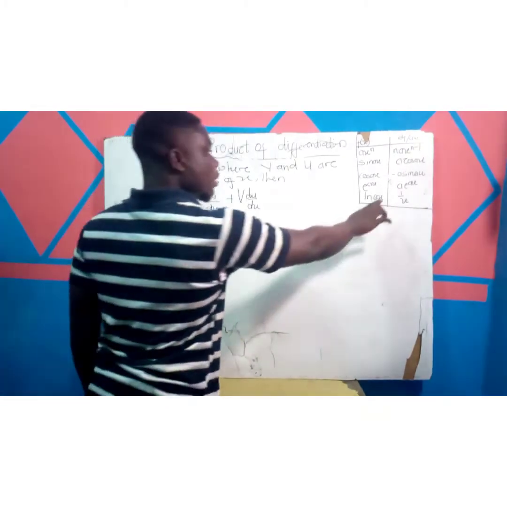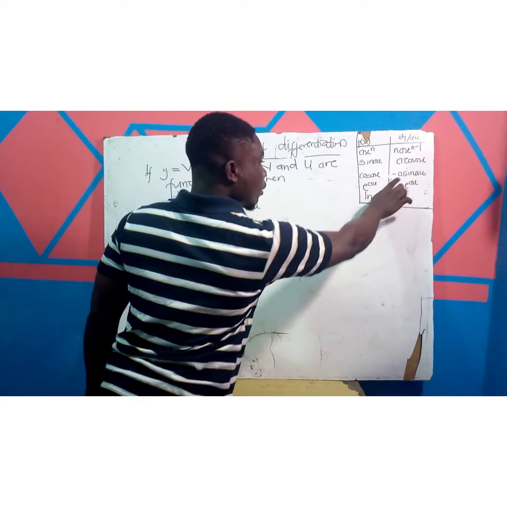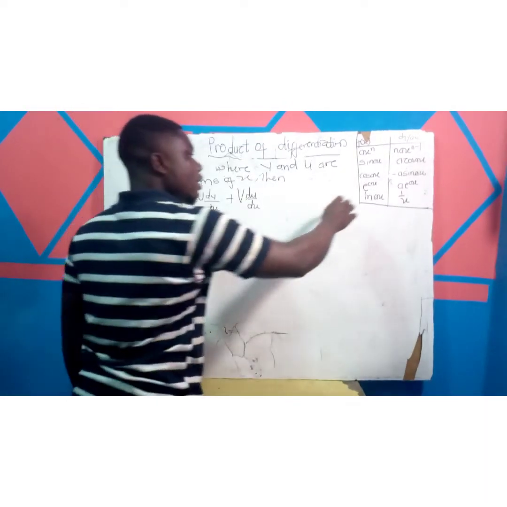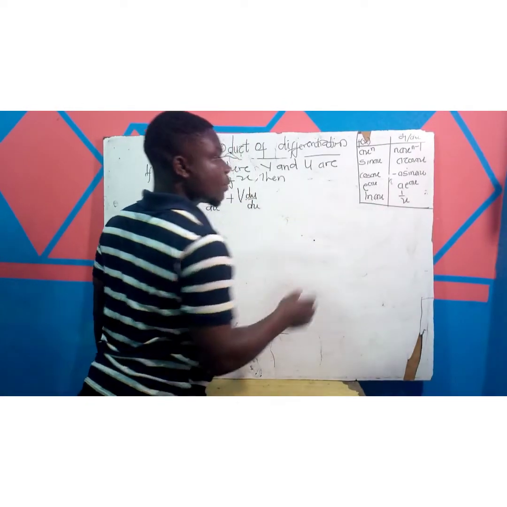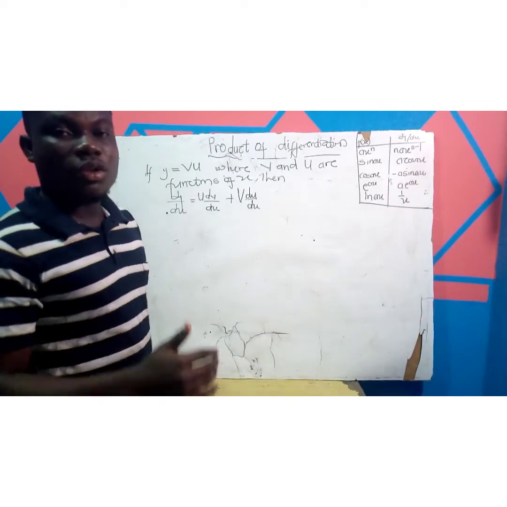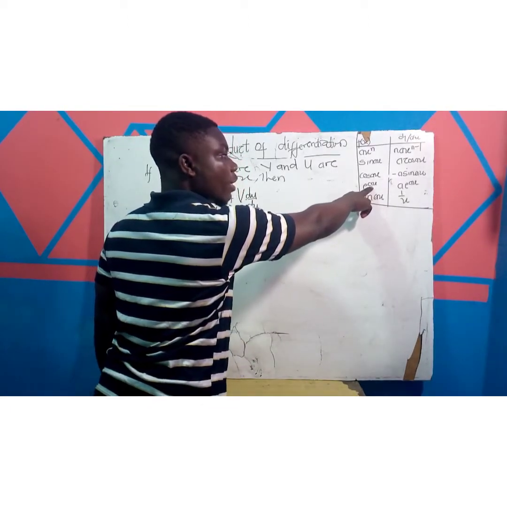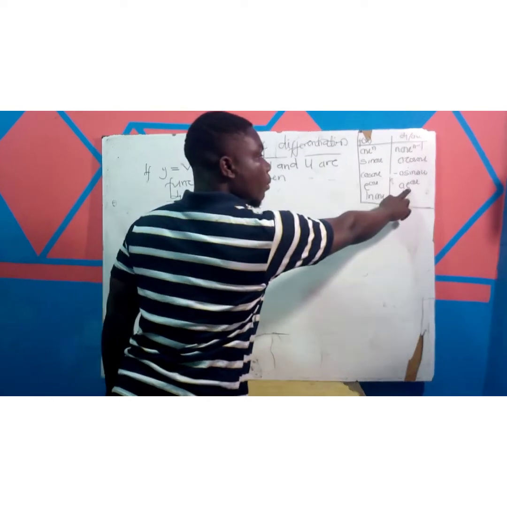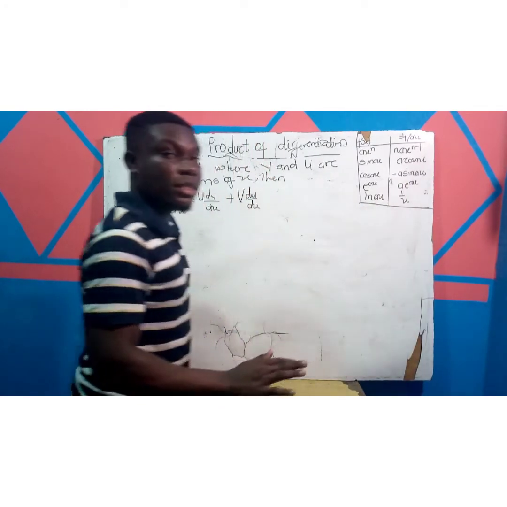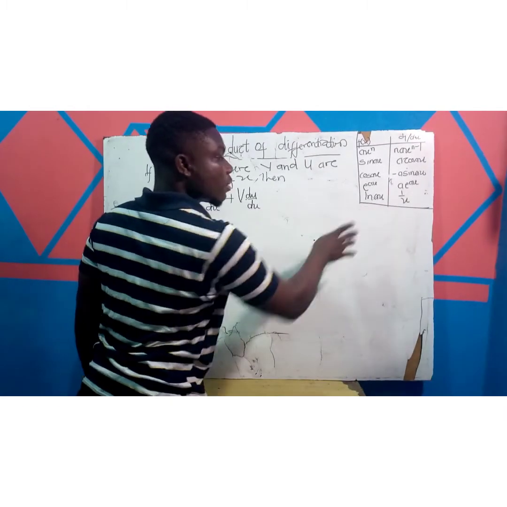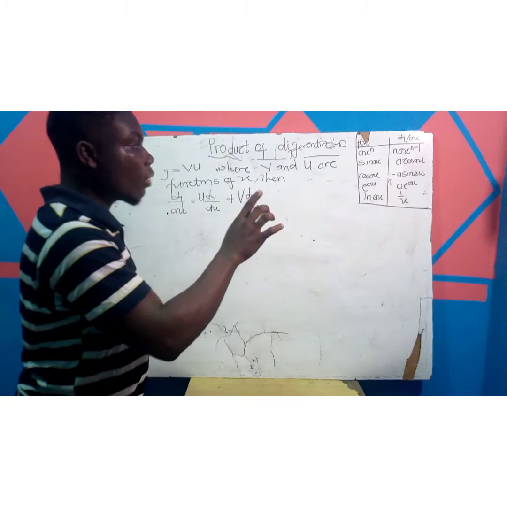Differentiating cos ax gives minus sin ax. Differentiating e^(ax) gives a times e^(ax), the same function. But if you are differentiating ln ax, you get 1 over x.